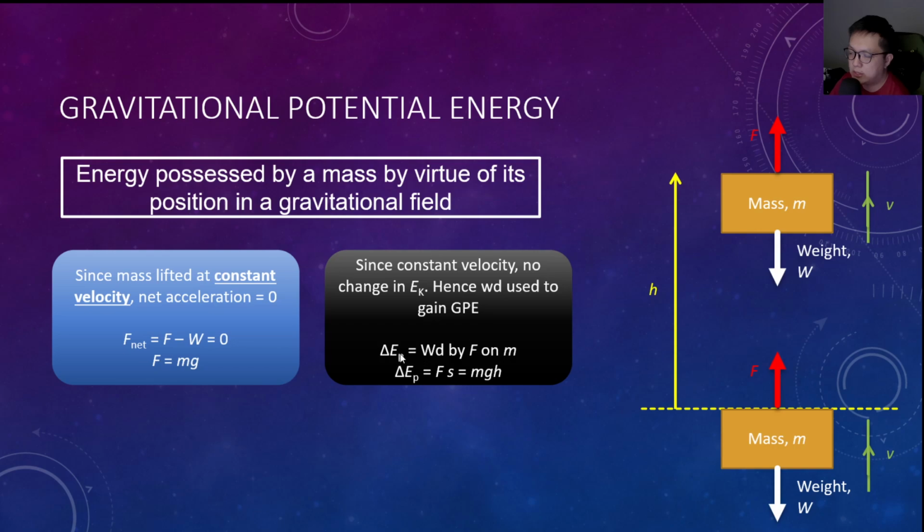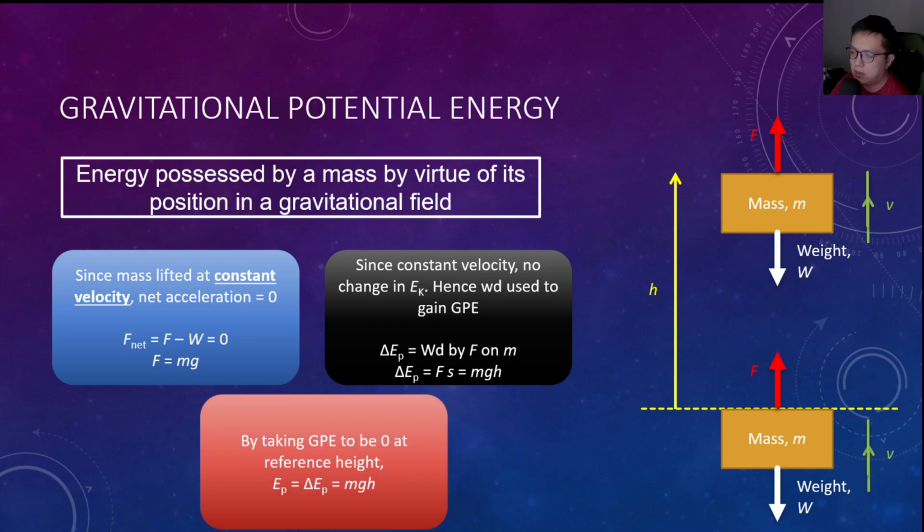So my change in potential energy is equal to the work done by the force on m. Remember, work done is just force times displacement. So this is mgh. So my change in GPE is equal to mgh. When we take GPE to be 0 at reference height, I can say my total potential energy is equal to the total change in potential energy.